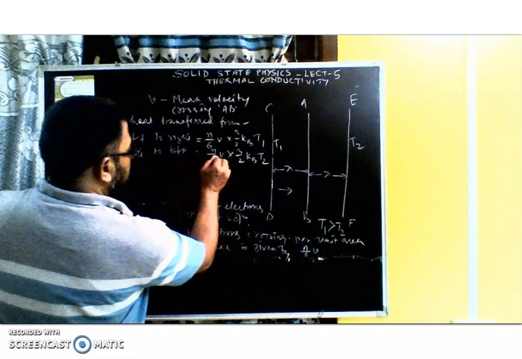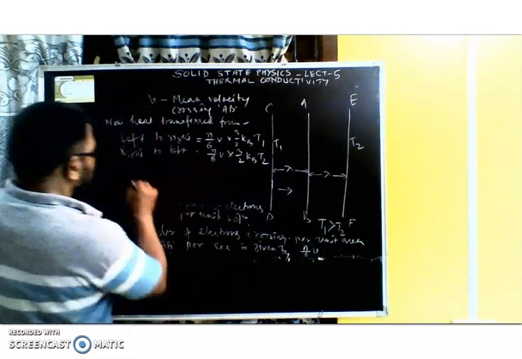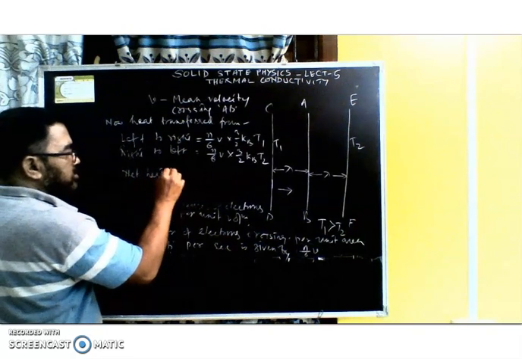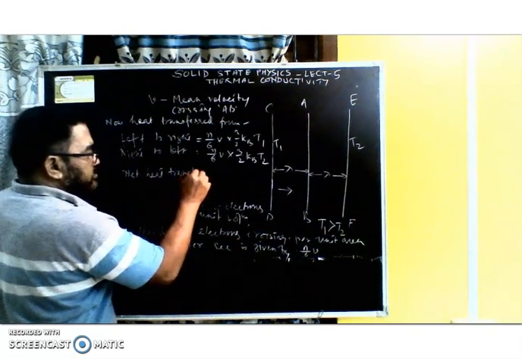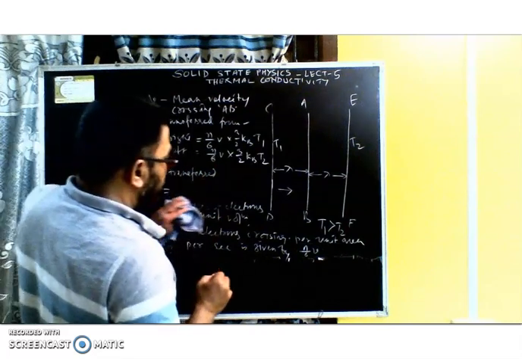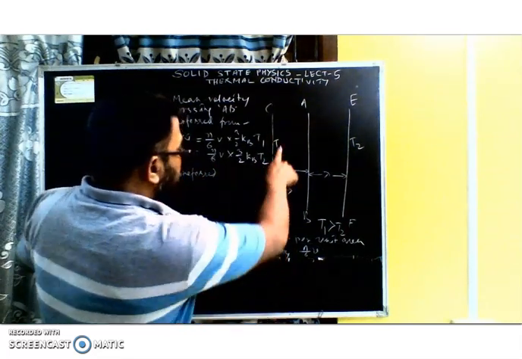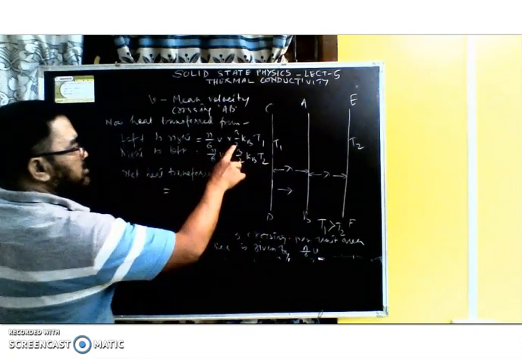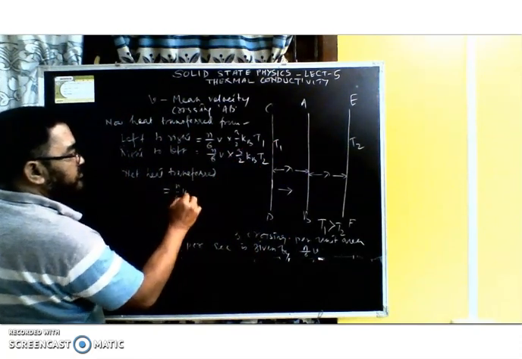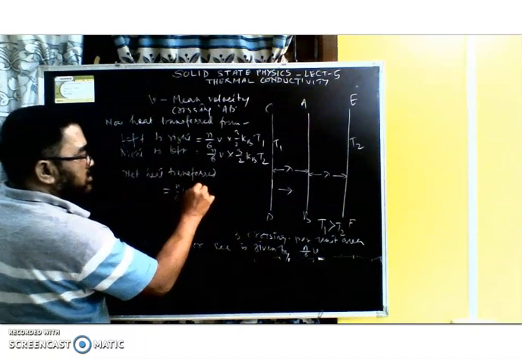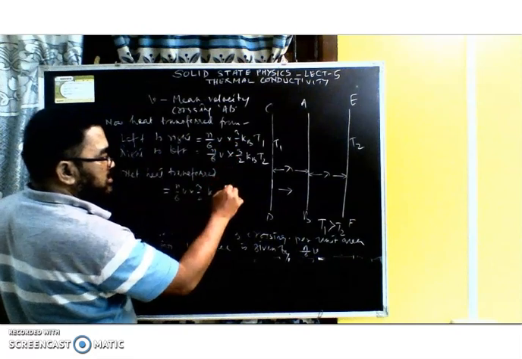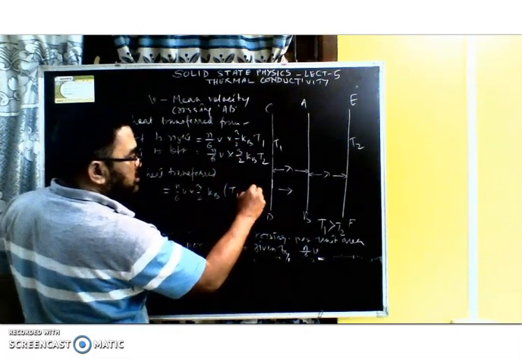So the net amount of heat transferred, net heat transfer, is equal to, because this T2 is greater than T1, this minus this: n/6 V 3/2 kB into T1 minus T2.